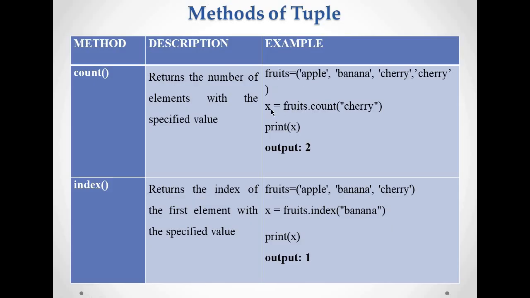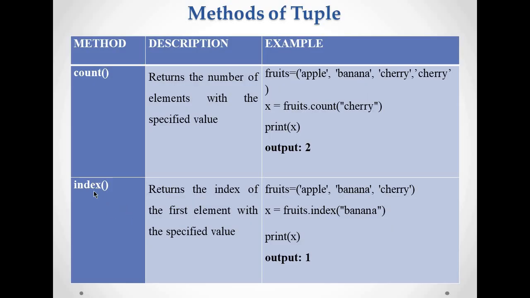We are going to get the count of cherry. How many cherry values are present in the tuple? There are 2 cherry values, so it will return the output as 2. When we ask the count of banana, it will give 1 because there is only one banana in the fruits.